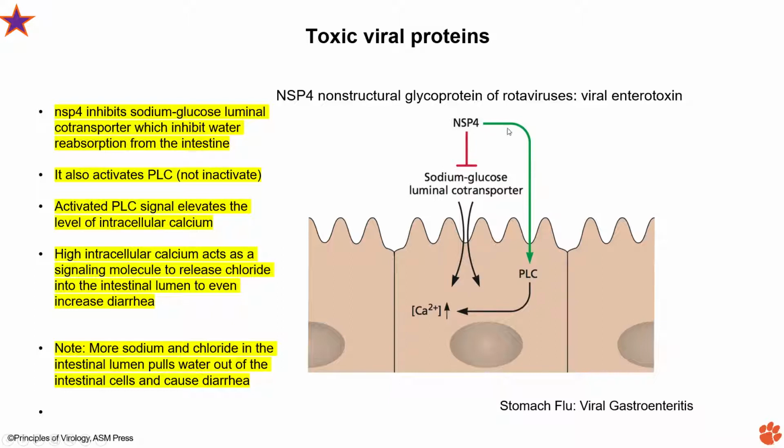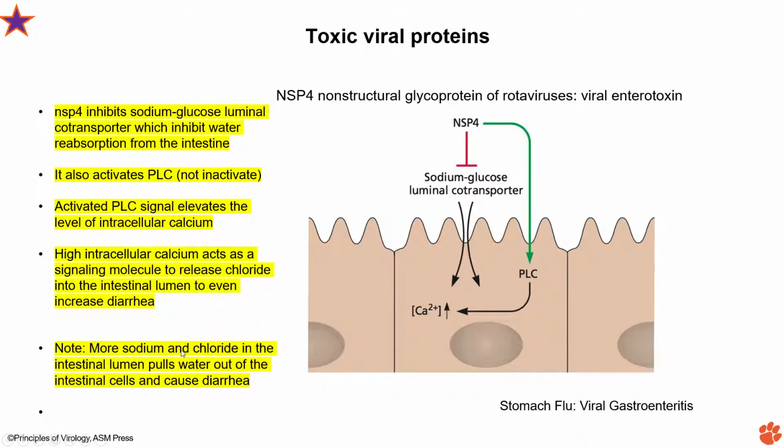On the other hand, NSP4 activates phospholipase C, which elevates the calcium level. Remember that calcium is an intracellular signaling molecule, very, very important. That elevated calcium will basically release more chloride into the intestinal space. That means it will pull water from the cells to cause diarrhea.